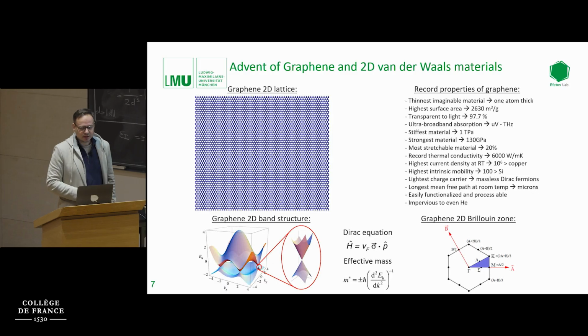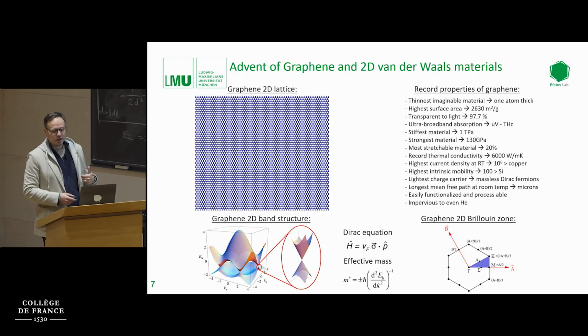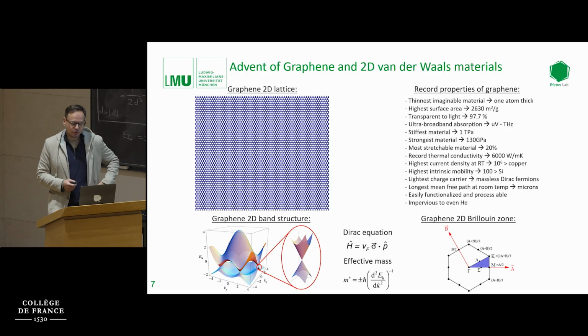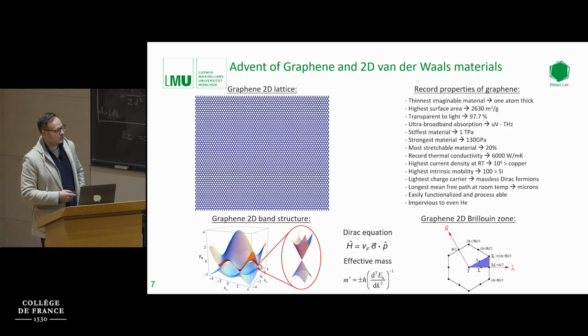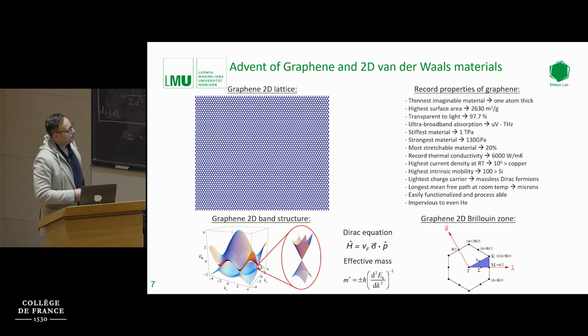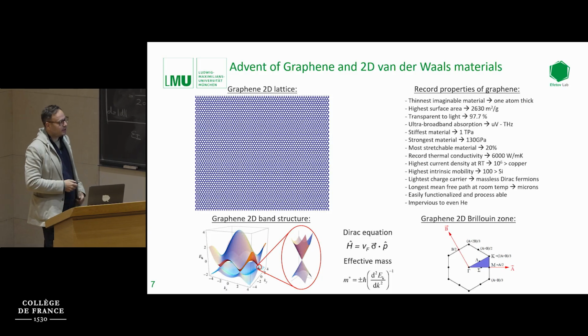But the other thing that is quite remarkable about graphene is that it had extremely good material properties. The lattices that you extract with the Scotch tape technique are extremely clean, with very few defect states that you can imagine. And the lattice is also very strong. If you look at the strength of this carbon lattice, you can stretch it quite a bit without deforming it or breaking it.